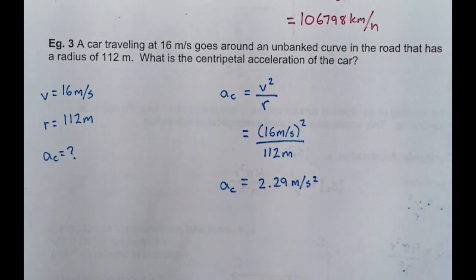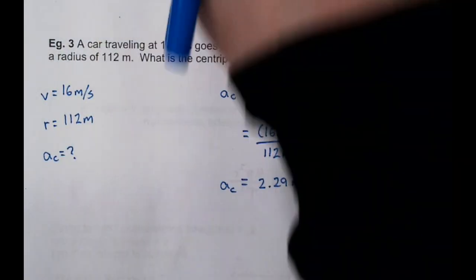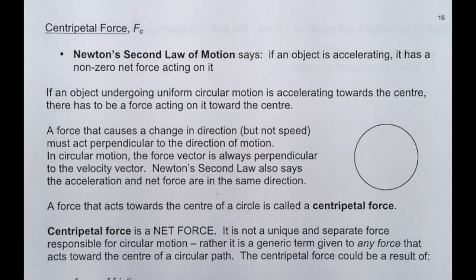Now that we've talked about centripetal velocity and centripetal acceleration, we can now talk about centripetal force. So, Newton's second law of motion says, if an object is accelerating, it has a non-zero net force acting on it.